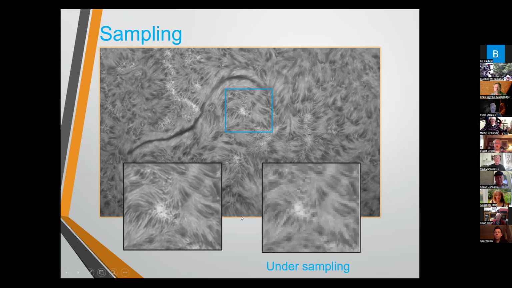But if you use a camera with pixels that are too large, then you get undersampling. Okay, so the camera is unable to capture the detail, even though the telescope's delivering that amount of detail, because it can resolve that detail. The camera can't resolve it, and therefore you lose valuable image data.